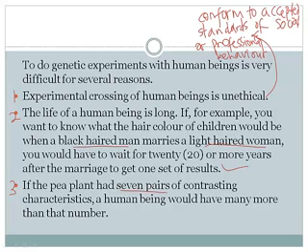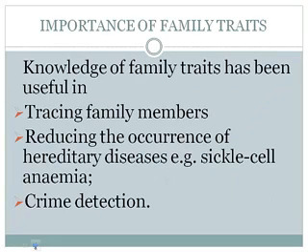For human beings, if we try it, we discover that they will have so many contrasting characteristics. That is why it's very difficult for us to use human beings for genetic experiments.